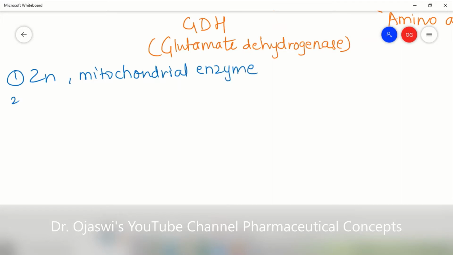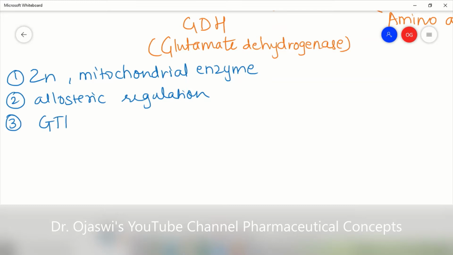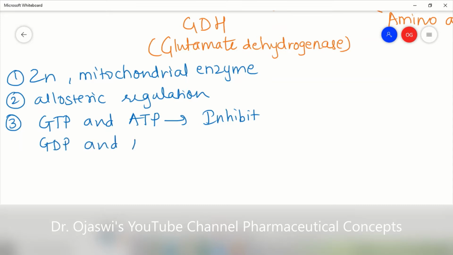Okay, and it is controlled by allosteric regulation. GTP and ATP inhibit the activity of this enzyme, glutamate dehydrogenase, whereas GDP and ADP activate this enzyme.